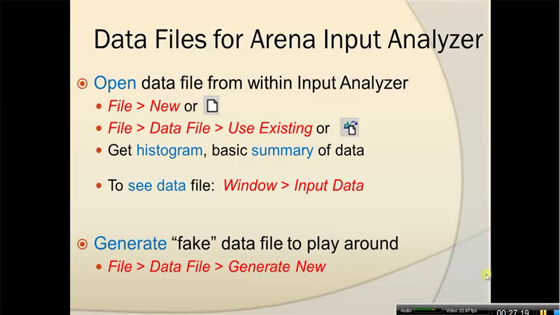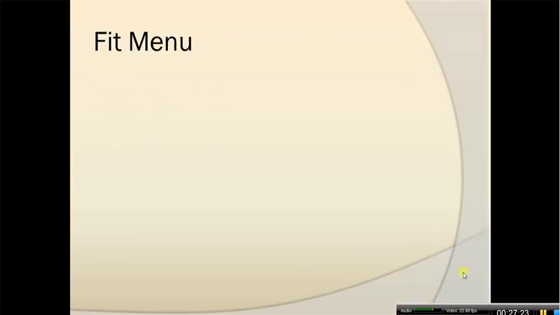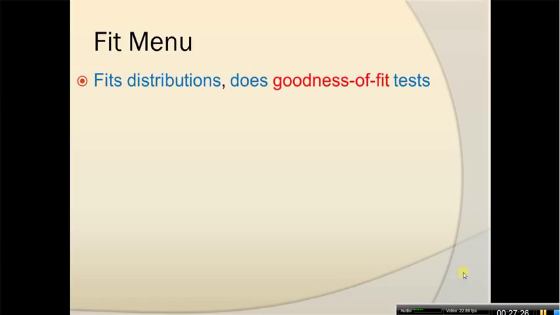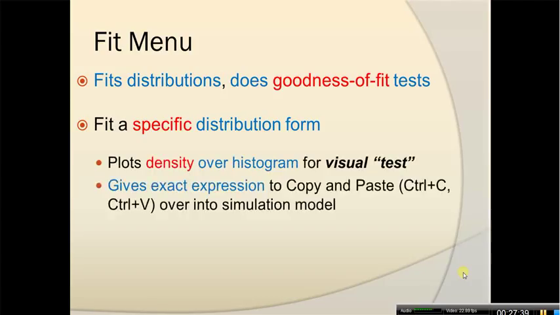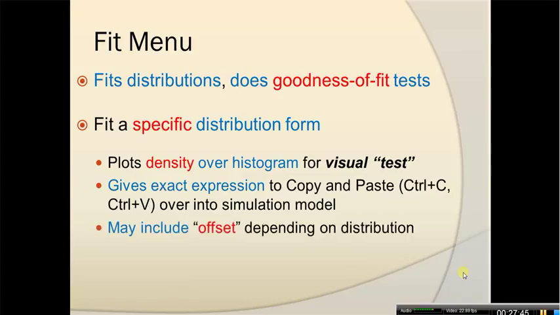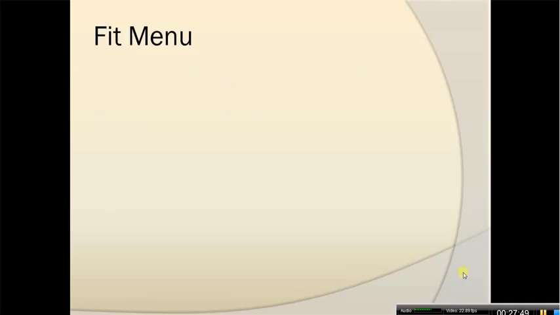So now that I showed you how we can generate a new file and also how we analyze it, let me review the fit menu. The fit menu that we used, fit distribution, also does goodness of fit tests, and it fits a specific distribution form and plots density over histogram for your visual test that you saw there on top, and it gives exact expressions that we were able to copy, and it can include an offset depending on distribution.